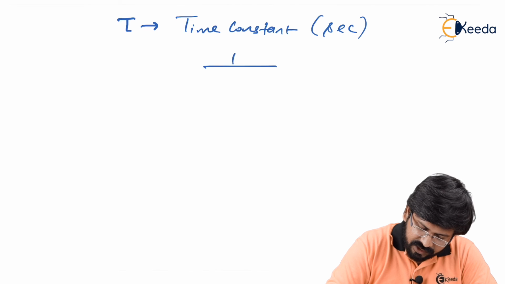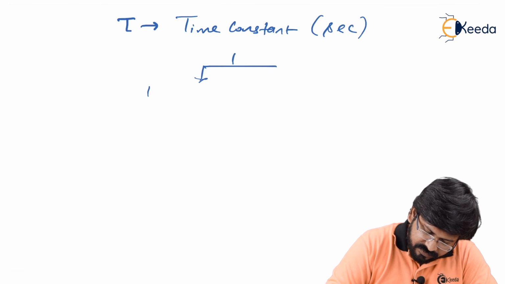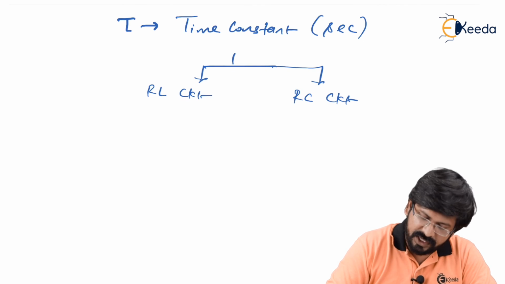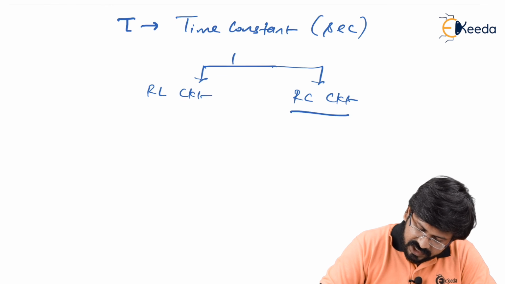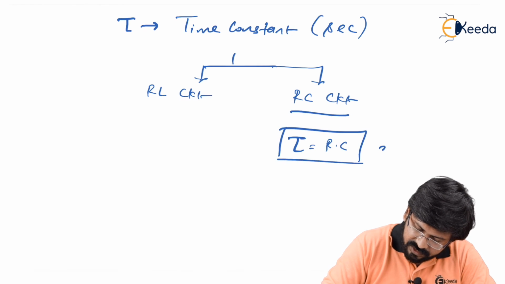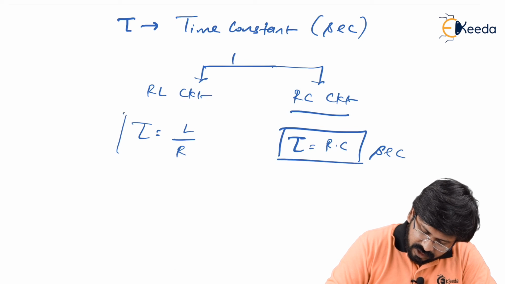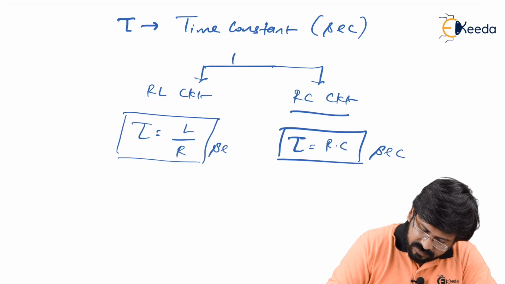So for RL circuit and for RC circuit, we define tau separately. In case of RC circuit, tau is simply R into C, unit is seconds, and for RL circuit, tau is equal to L by R. Again, the unit is seconds.